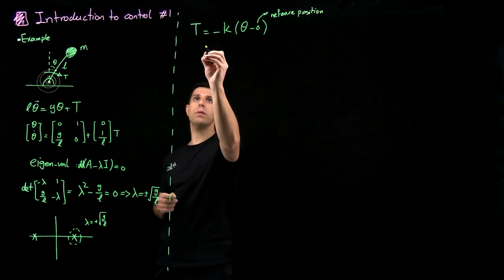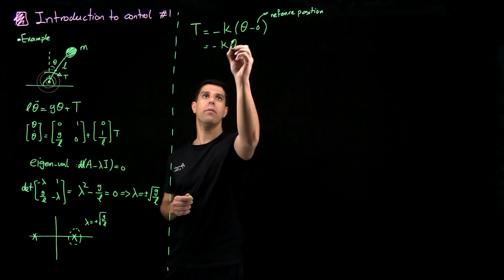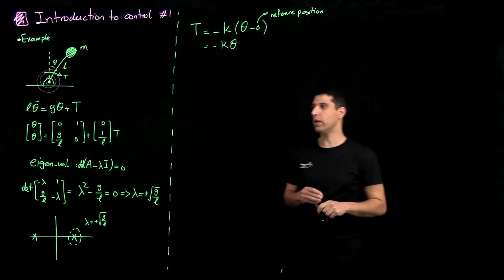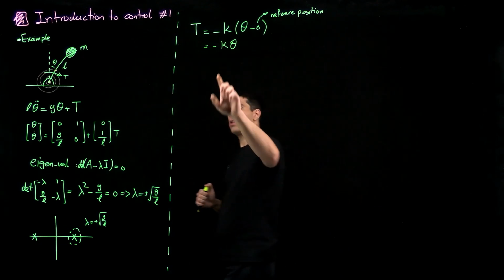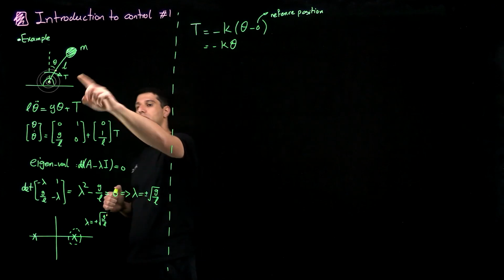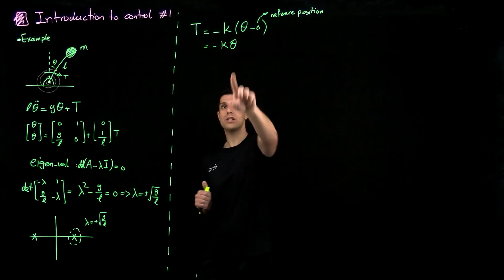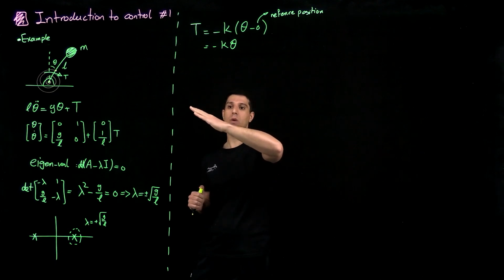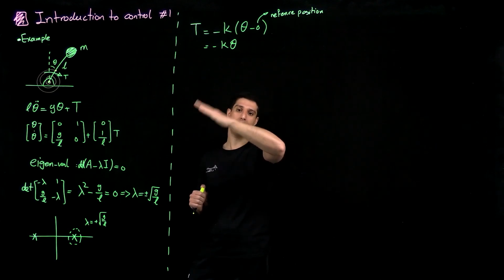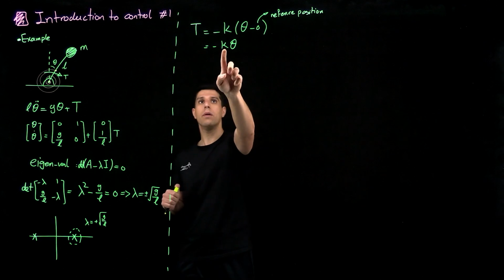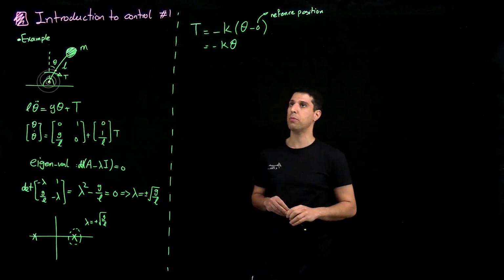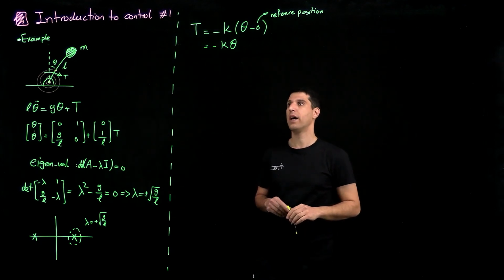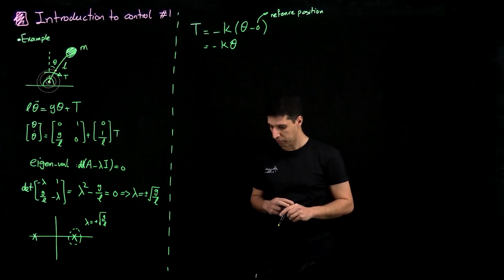In simple terms, it's minus k theta. So I want to design my controller such that the motor torque is proportional to theta, and if theta is positive, I want my motor to push it back, and the size of the torque is proportional to the deviation from my reference point.